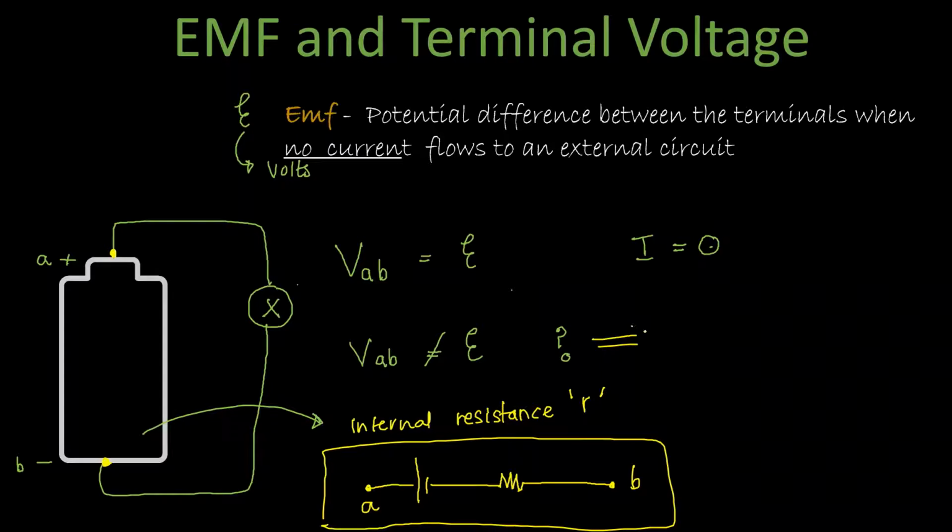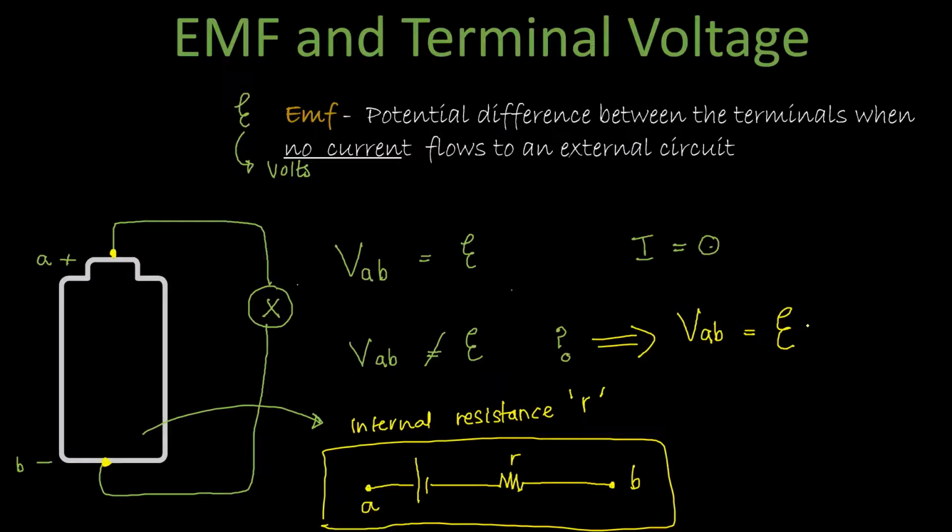When current is actually flowing through the battery to an external circuit, there is a voltage drop across the internal resistor. So the VAB, the voltage at these 2 points, is no longer equal to EMF, but it is less than EMF.